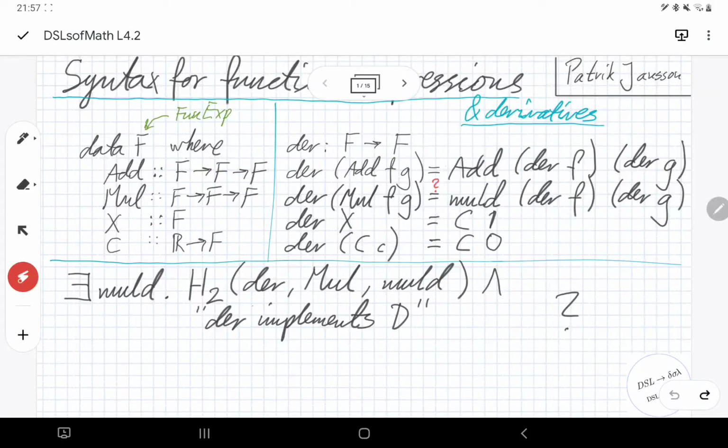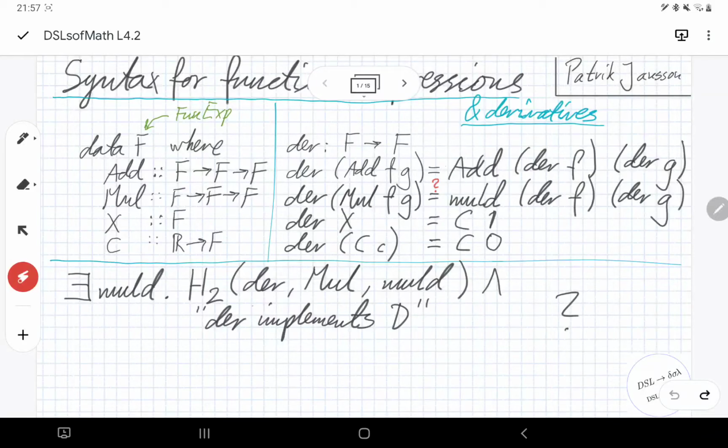First I should say that if der is free to do whatever it wishes, then of course we can implement mul d. In fact, any function with the right type will be an implementation of mul d. It just will not have the desired properties. So what are the desired properties? Der should implement the mathematical derivative of one-argument functions, and we will make that clearer on the next few slides.